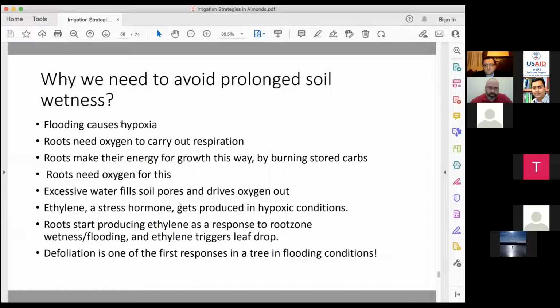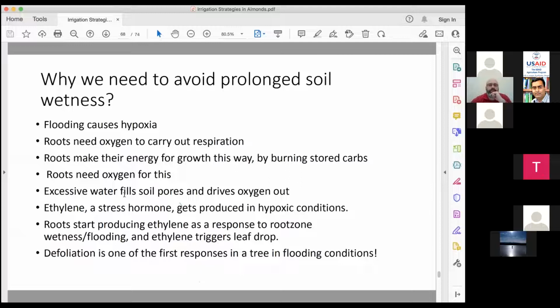Okay, so if the roots don't get enough oxygen, the roots will not breathe, meaning that they will not create energy for their growth. So once the root growth starts getting affected, then the overall tree health is reduced.